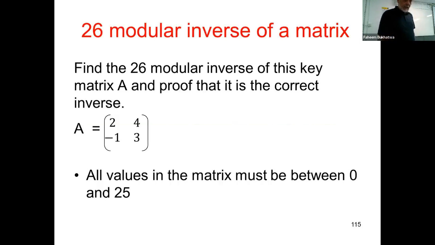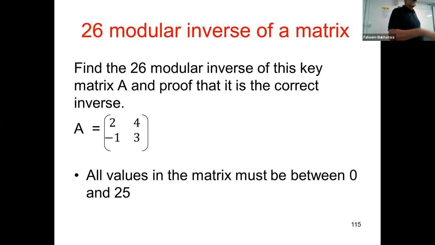Well, here's the example we're taking. We use a 2 by 2 matrix to encrypt or decrypt information. If this is the original matrix, then we need to convert the numbers into modulo 26.